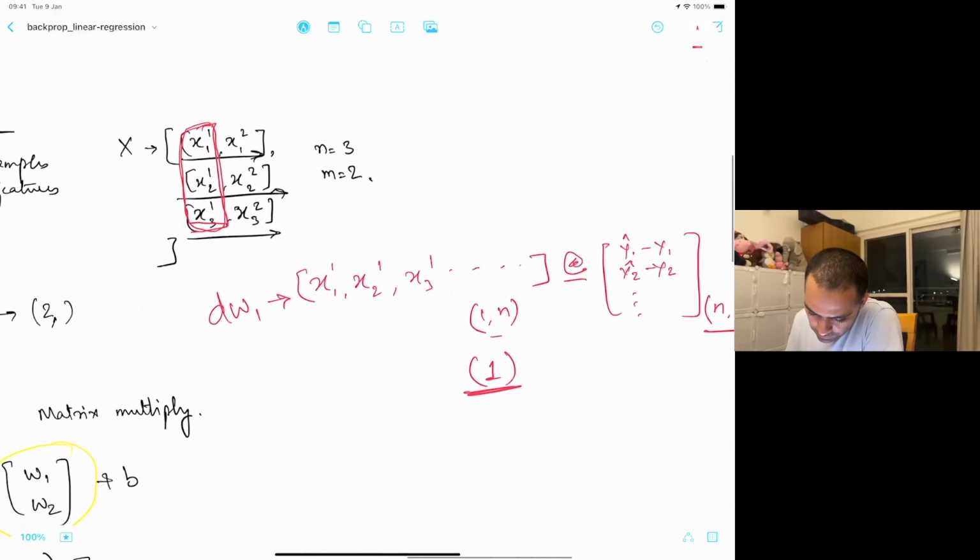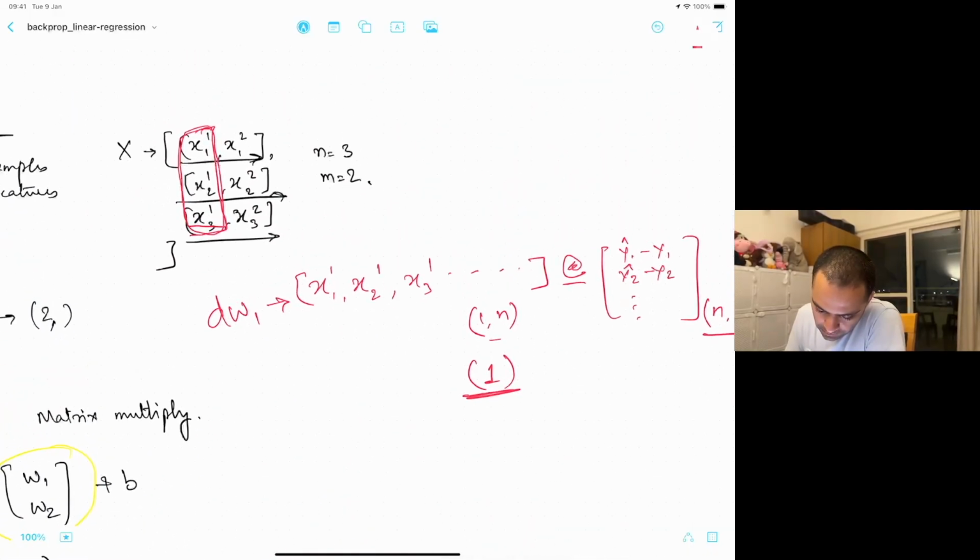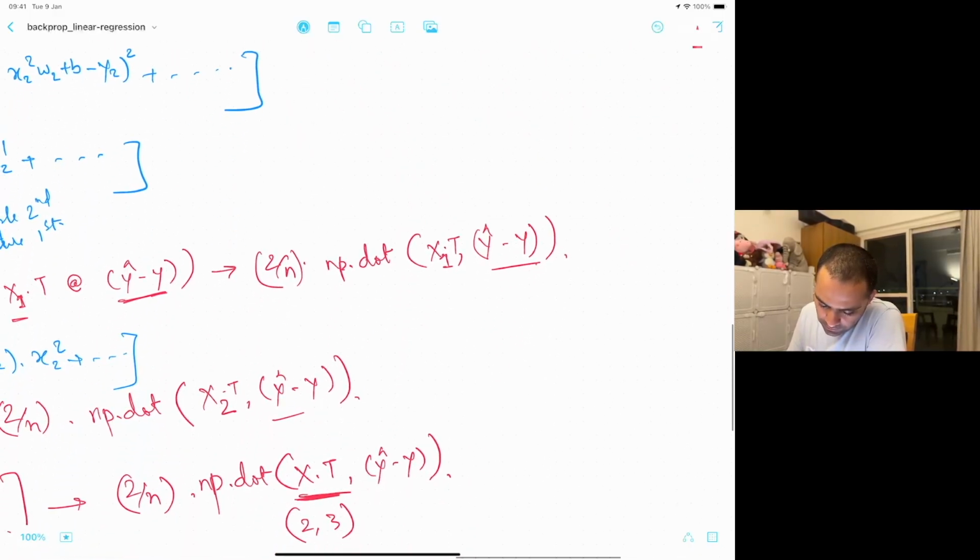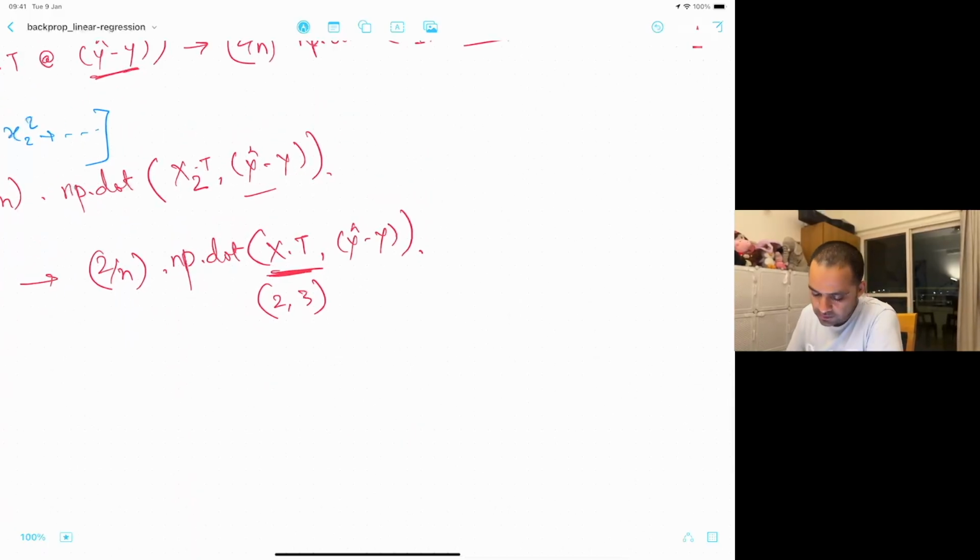This was 3 by 2 to begin with. So when we do x dot transpose, we get a 2 by 3 matrix where each row is an entire feature, all the samples for one feature, and then y hat minus y is nothing but a vector of length 3 for 3 samples.